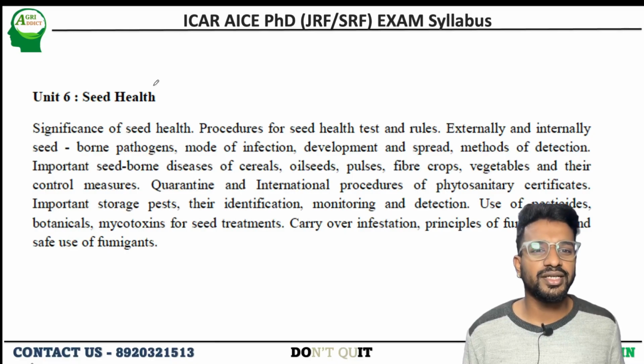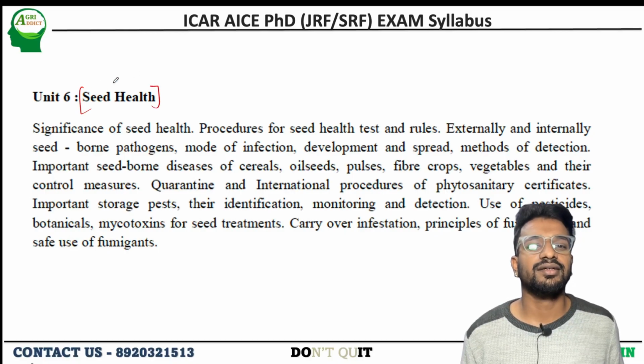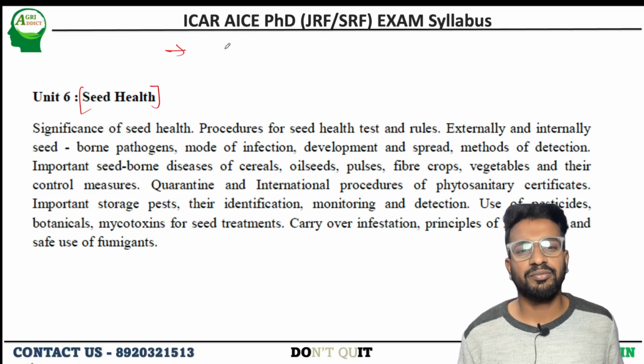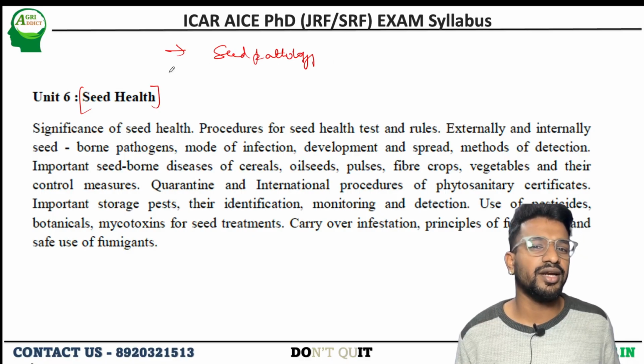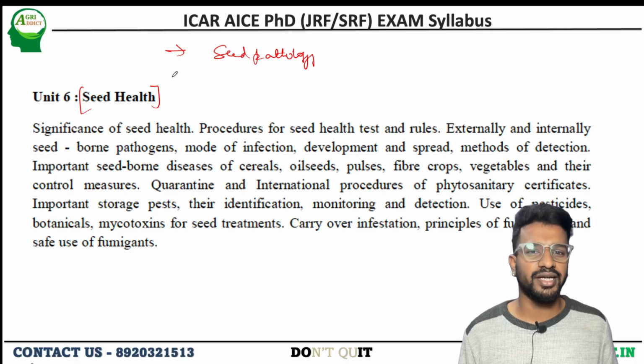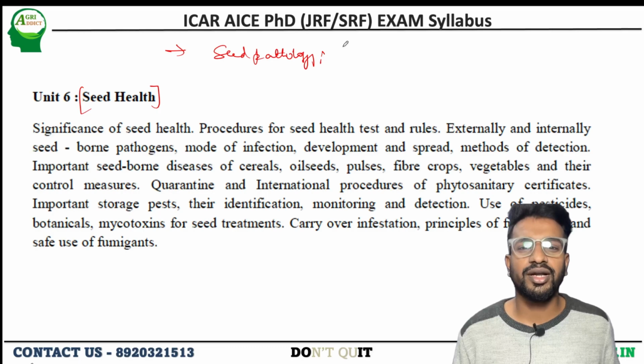And unit 6 is seed health. For this, we have a book called Seed Pathology. If you are already good at pathology and all your basics are strong, then it will supplement your preparation here in seed health. If not, go for Seed Pathology by Karuna Vishunavat.